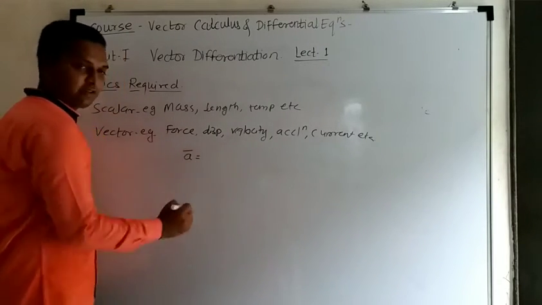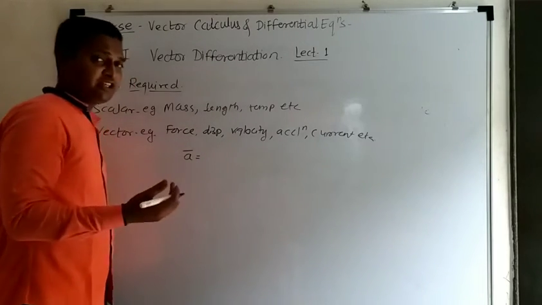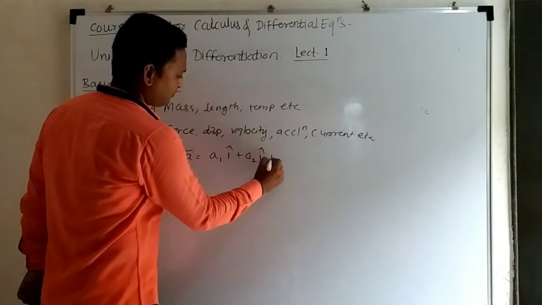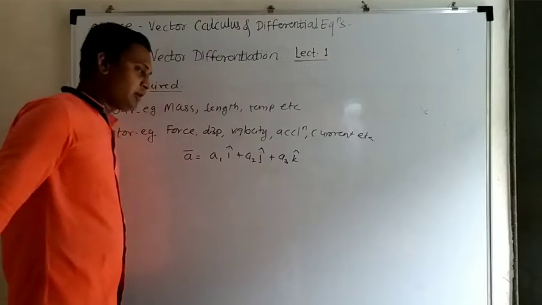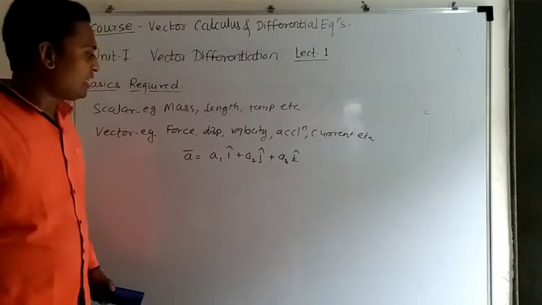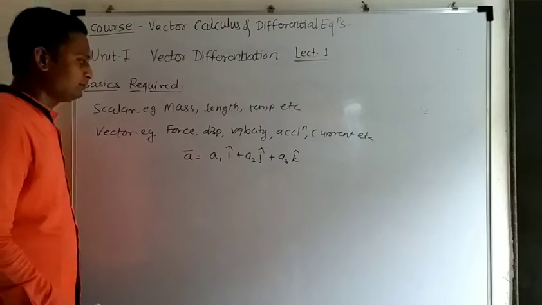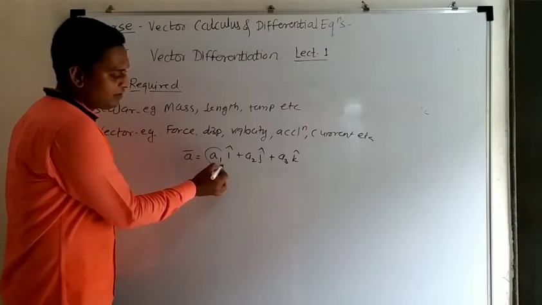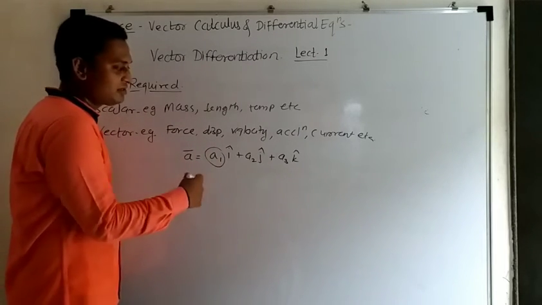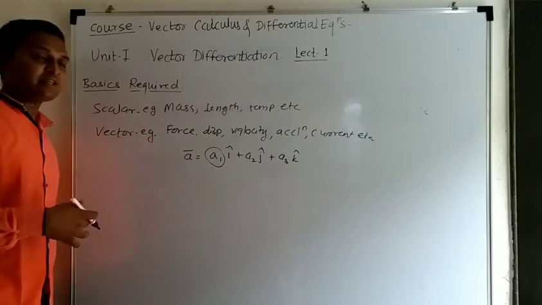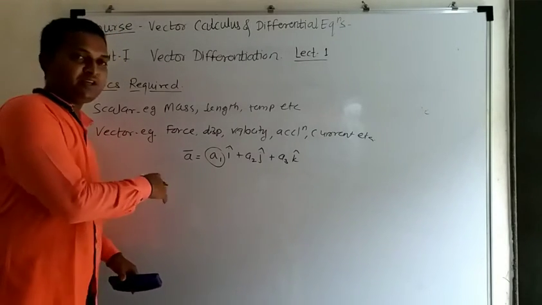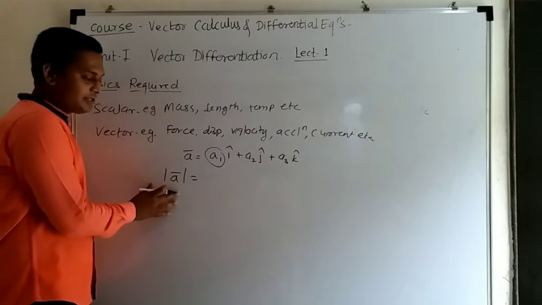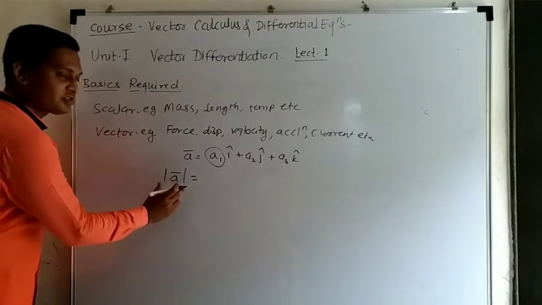Suppose a bar is my vector, and suppose it is a three-dimensional vector, so it can be written as a1 i, a2 j, a3 k, where a1, a2, a3 are the i, j, k components of the vector a bar, or you can say a1 is the distance along the x-axis, a2 is the distance along the y-axis, and a3 is the distance along the z-axis of the point A. Now the magnitude of a bar is denoted by this notation, modulus of a bar.